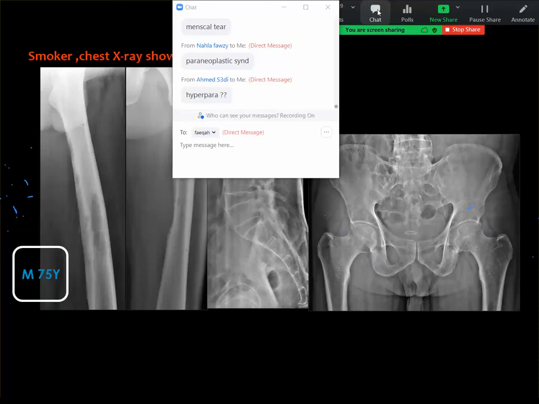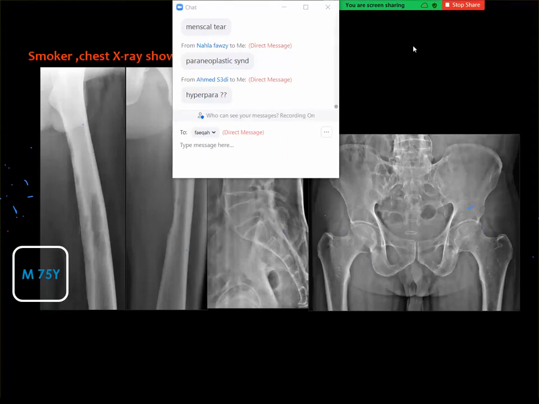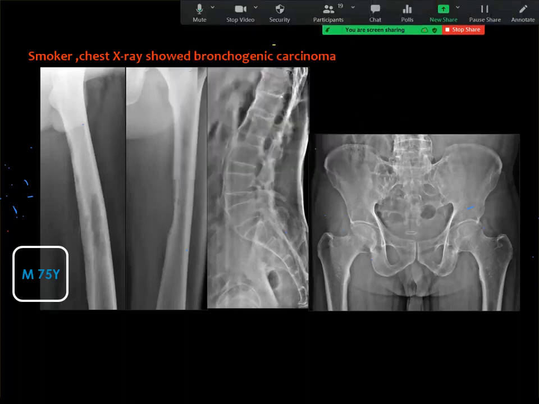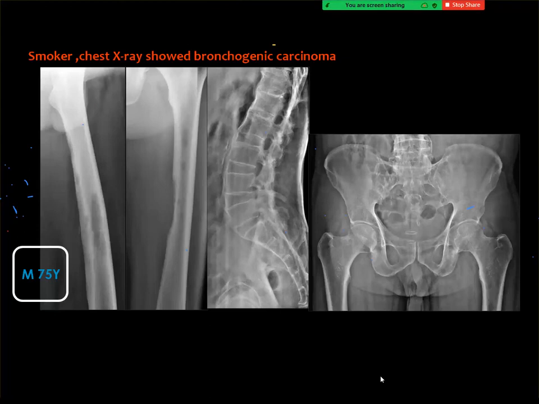Hyperparathyroidism, Ahmed said. Okay, metastasis, Reham said, and let us verify the findings.